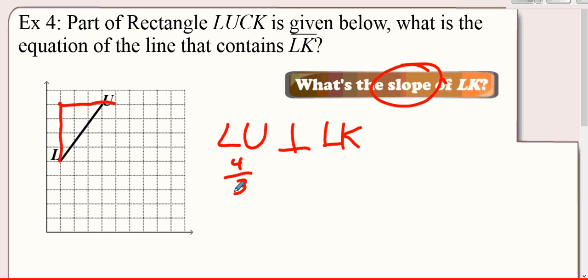And we also know from Unit 2, perpendicular lines have opposite reciprocal slopes, which means you change the sign and you flip the fraction. So this one's positive, perpendicular is going to be negative. And you flip the fraction from 4 over 3 to instead be 3 over 4. So the slope of LK is going to be negative 3/4.